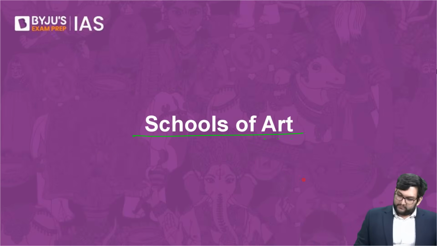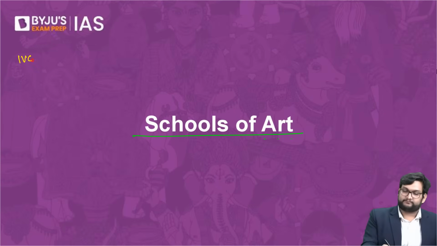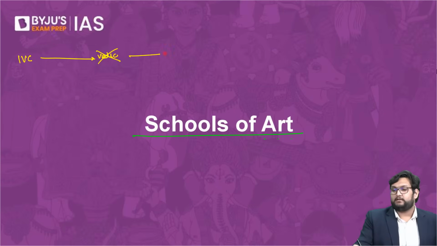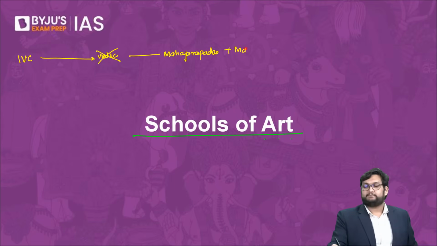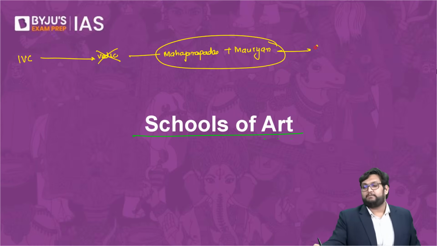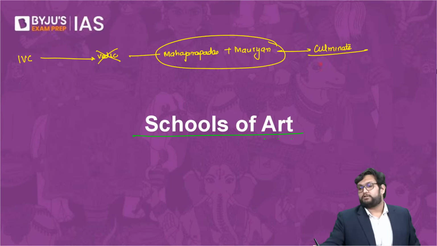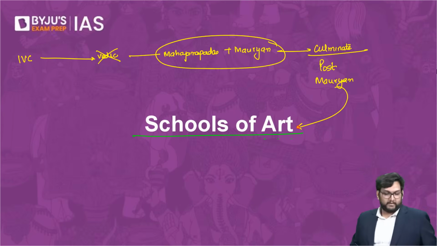Now, we started at IVC. Vedic, we did not find anything. Mahajanapadas and Mauryas, whatever techniques were developing, culminate in what are called the post-Mauryan schools of art.